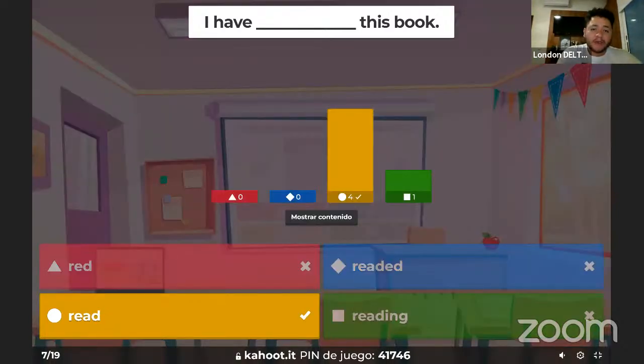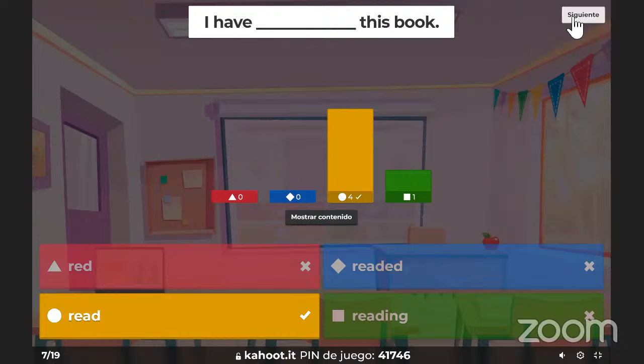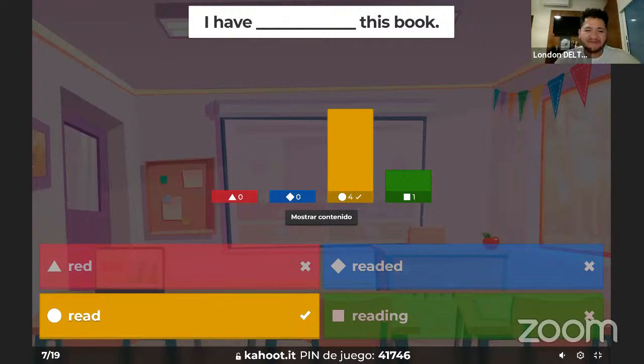Okay. Fernanda, can you please translate this sentence? Yo leí este libro. Ok, muy parecido. Yo leí este libro, sería I read this book, sin el have.